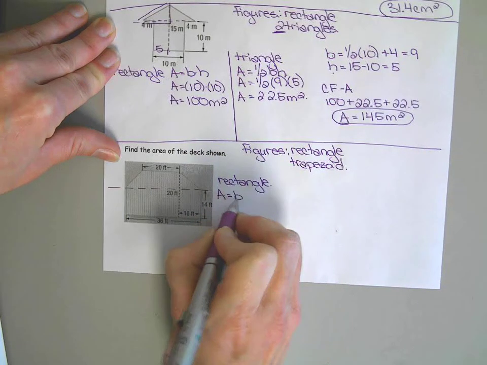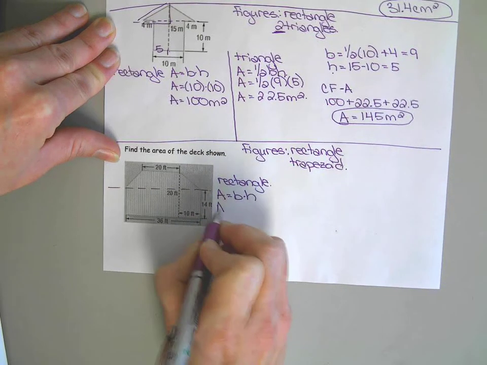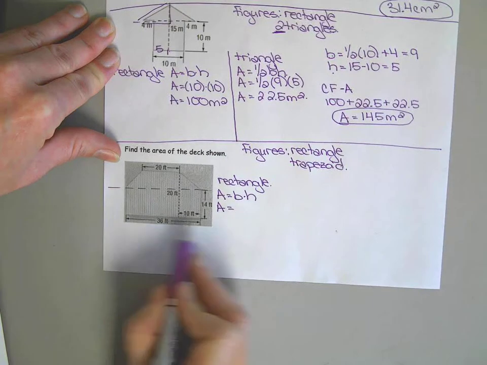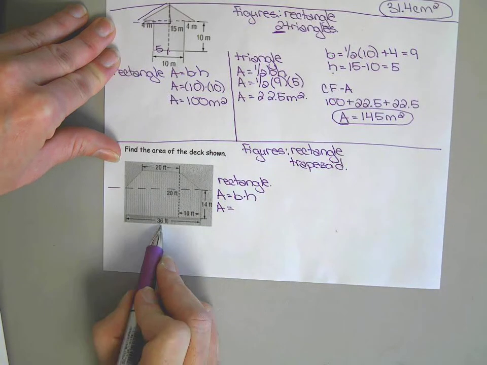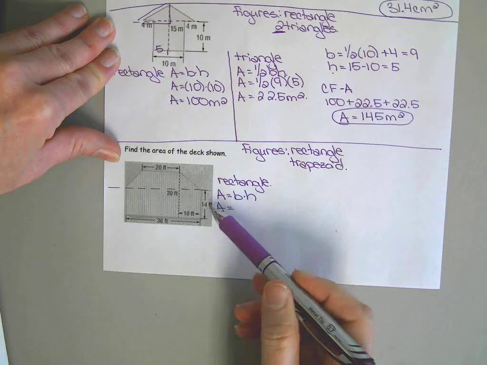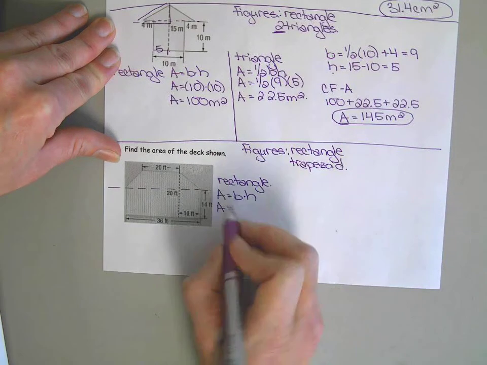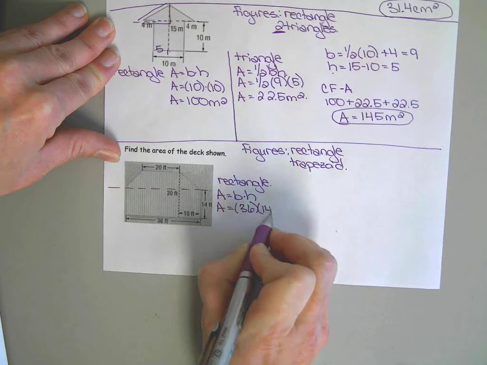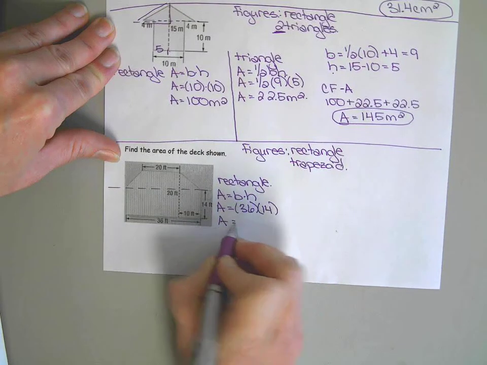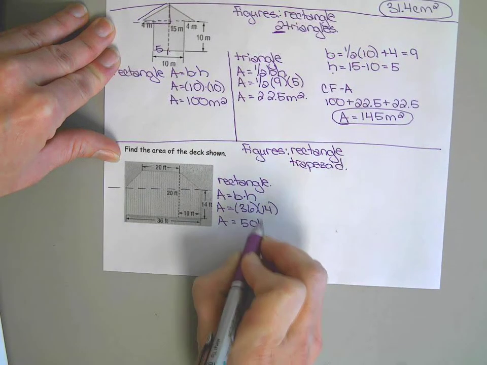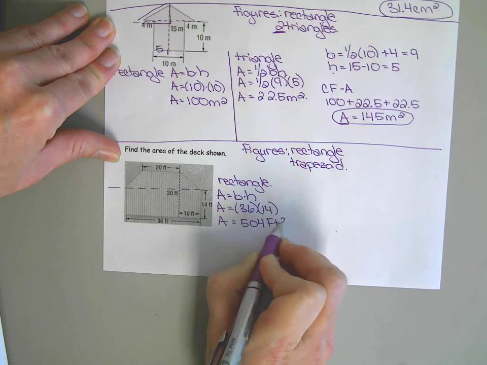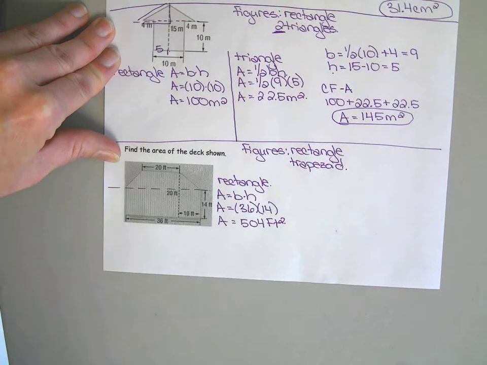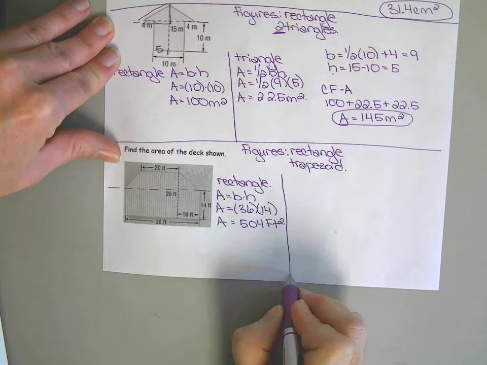Area equals base times height. Our base of our rectangle is 36 feet. The height of the rectangle is 14 feet. So we can plug those into our formula here. You should get 504 feet squared.